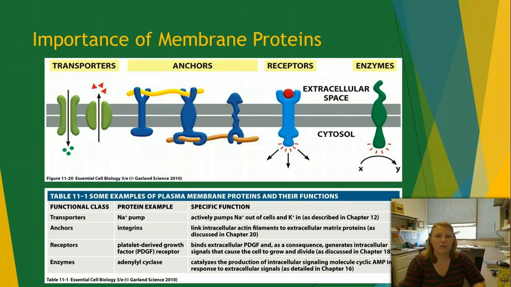Enzymes are another way in which the cell can act and have things happen within it that it needs to have occur. And they can be stimulated from the outside of the cell as well as on the inside. So it's really important you understand these four main classes of membrane proteins and what they do. As I said, I'm not super worried about you understanding the exact examples provided here, but I want you to be able to list all four of these and explain what they do.